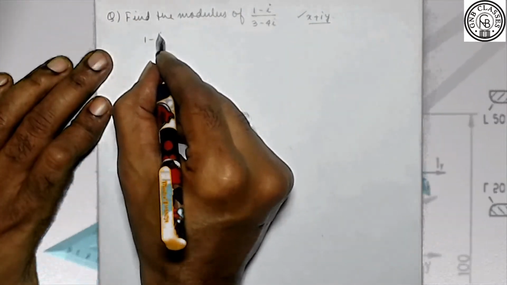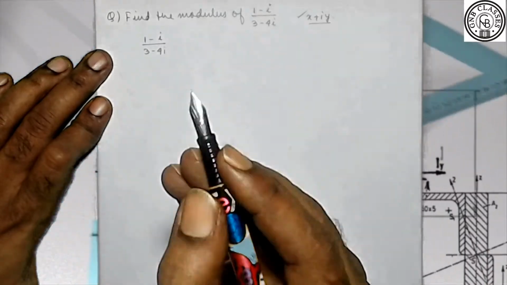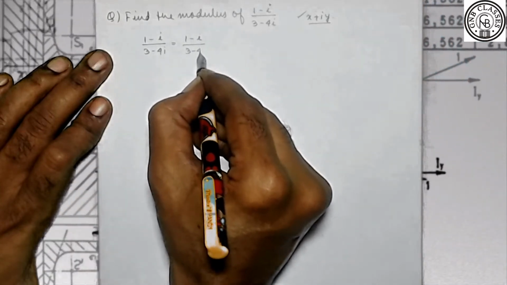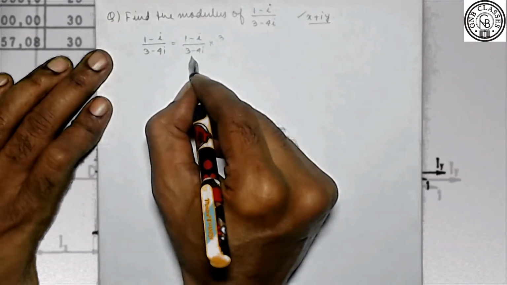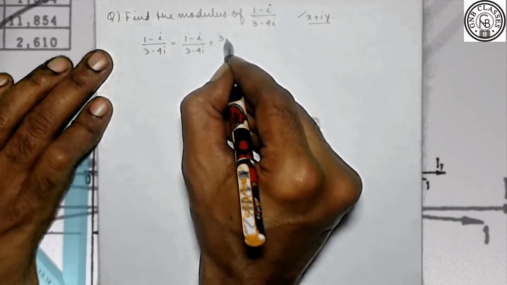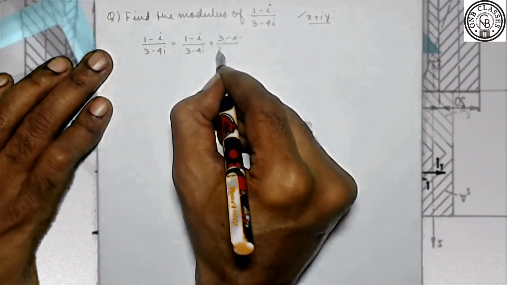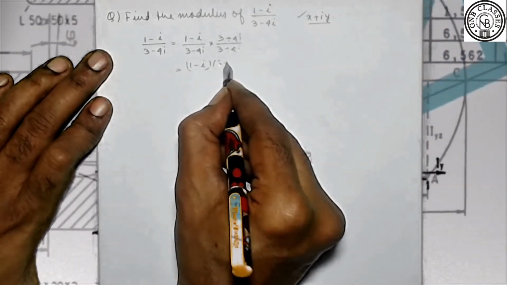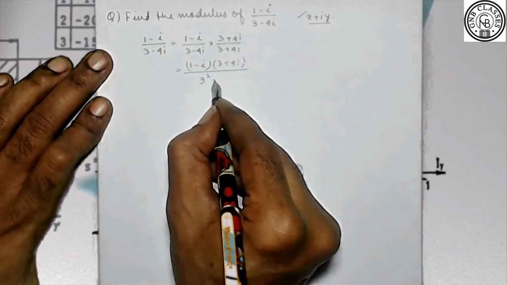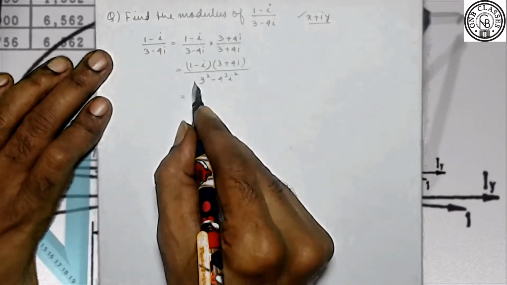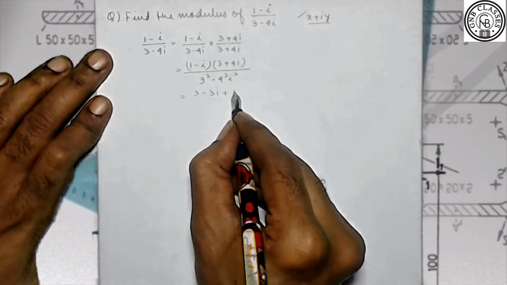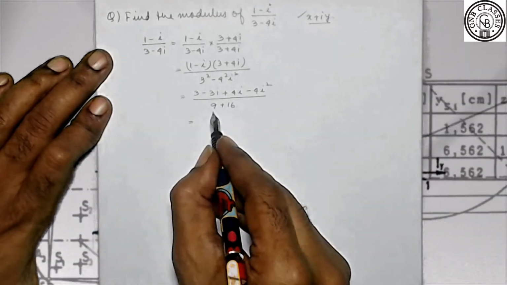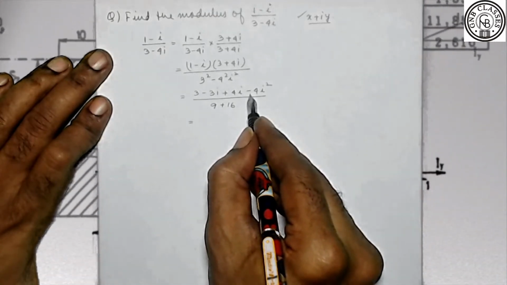So for (1 minus iota) by (3 minus 4 iota), I can multiply both numerator and denominator with the conjugate of the denominator, that is 3 plus 4 iota. So we are getting, if I multiply, iota square is minus 1, so this one will become plus 4.